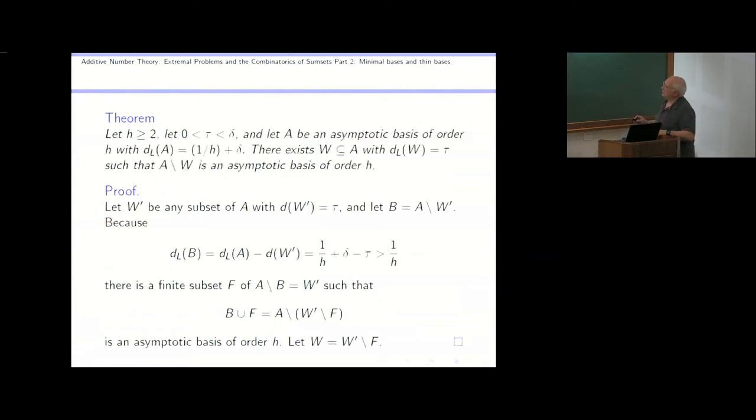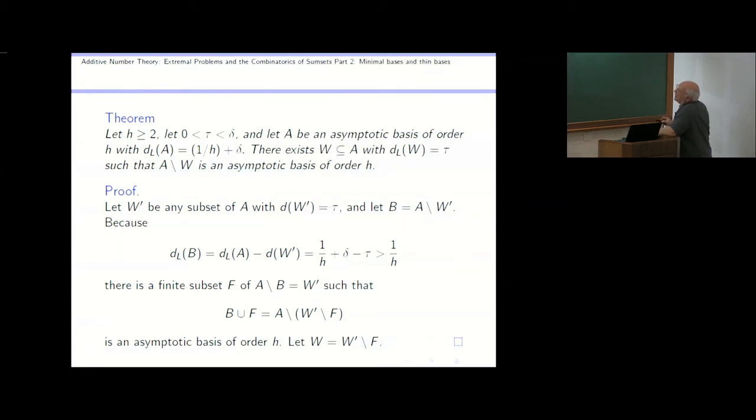So that says, for example, that if you take a number tau between 0 and delta, and A is an asymptotic basis of order H of density 1 over H plus delta, there's a set W in A whose density is tau. And you can remove that set of positive density and you still have an asymptotic basis of order H. And the proof is basically one line.